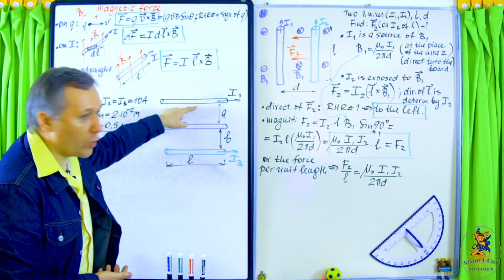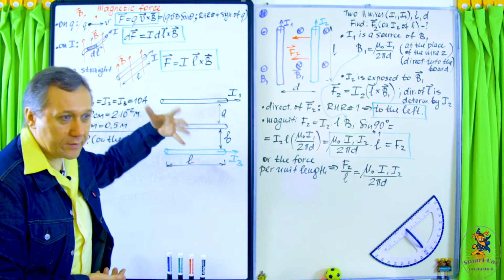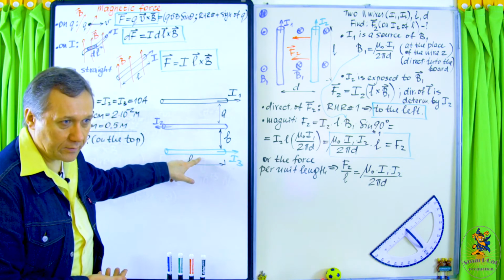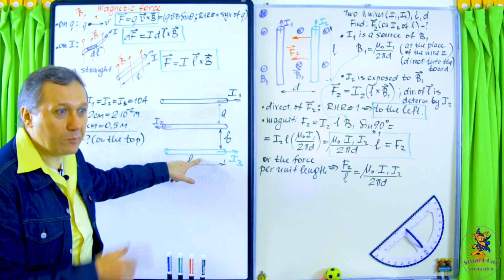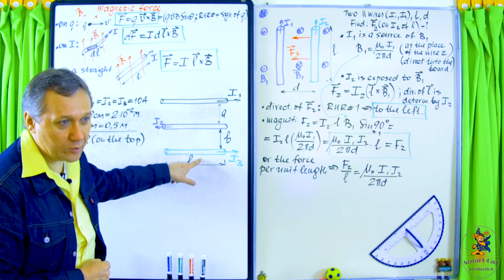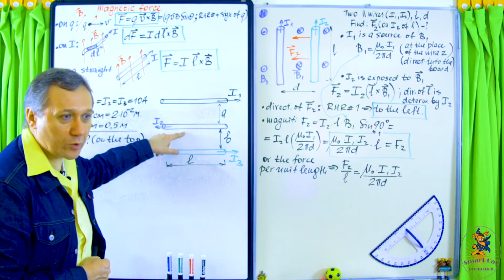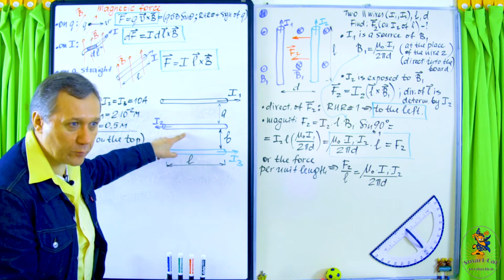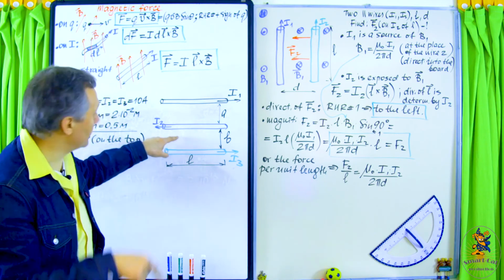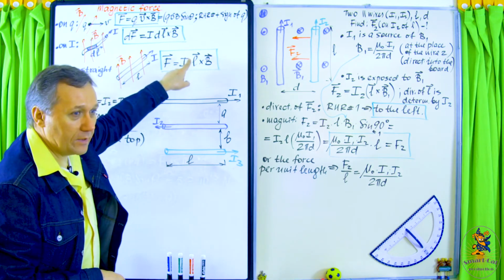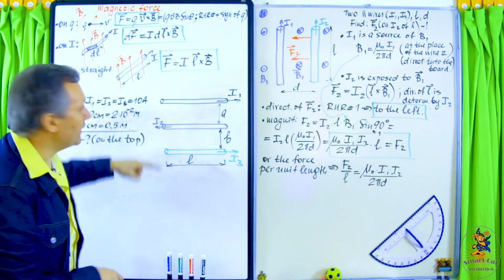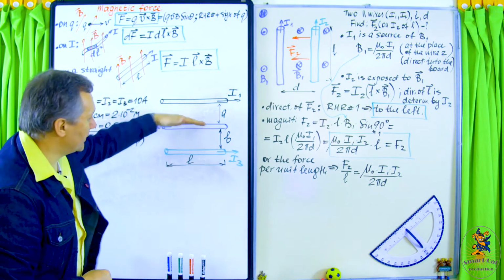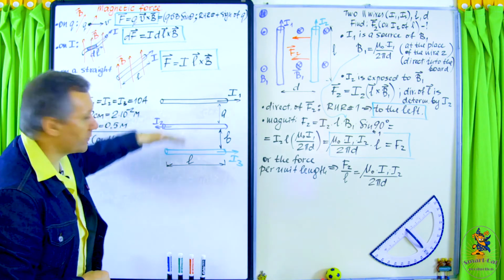So this is the object on which force is exerted. This is the source of the magnetic field, and this is the source of the magnetic field in part A. But in part B, which is again in your homework, this will be the object on which the force will be exerted, and you will need to find that force. Then I2 will be this, and the magnetic field will be created by these two wires. First that wire will create a magnetic field at this point, and this wire will create a magnetic field.